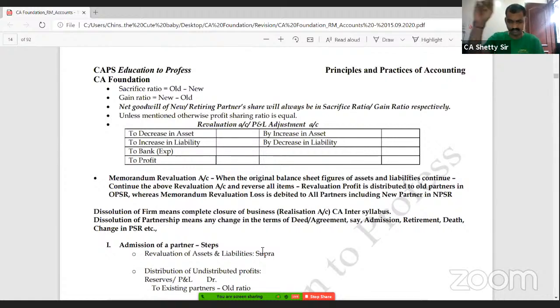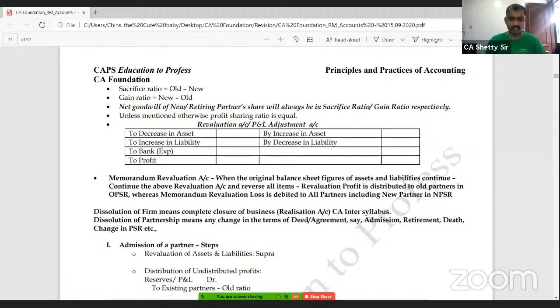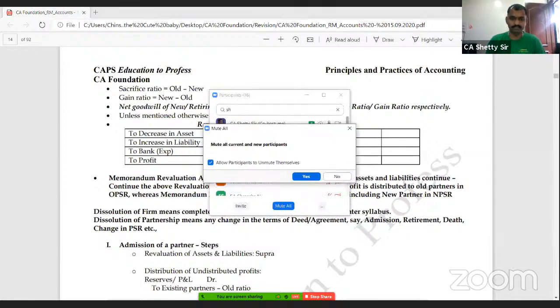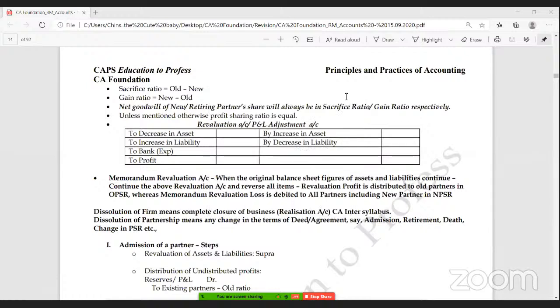Make a box. This principle is exhaustively used in partnership accounts.